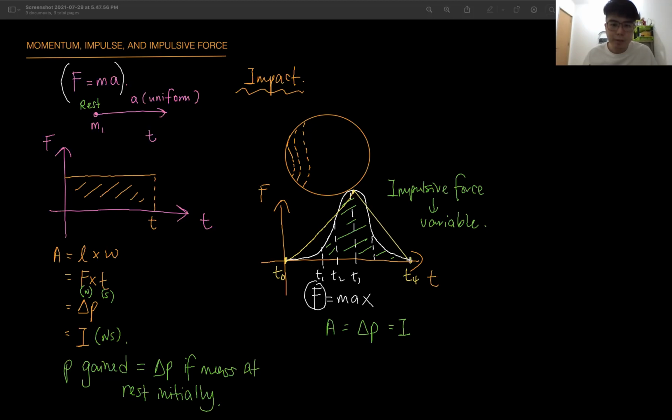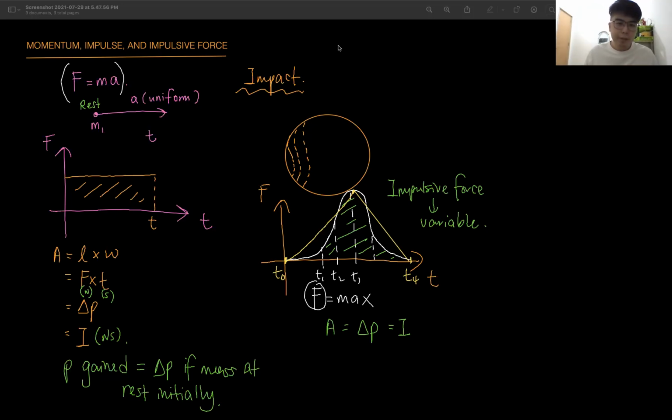So we are going to estimate, we can calculate the area of the triangle, and we estimate that the area of the triangle is the same as the area of the bell curve, this bell curve shape here. So if you calculate the area of the triangle, then that is equal to the change in momentum. If the ball is at rest, then this change in momentum will be the momentum gained by the ball when you kick the ball.